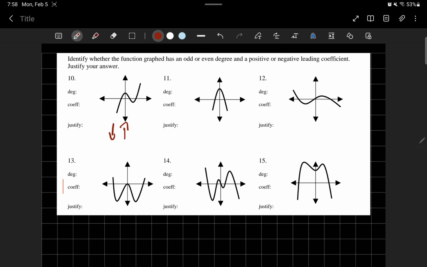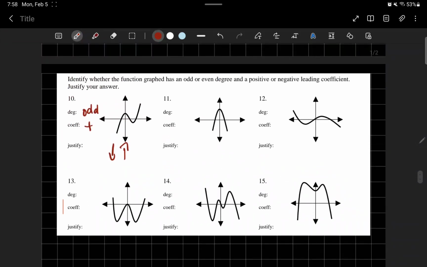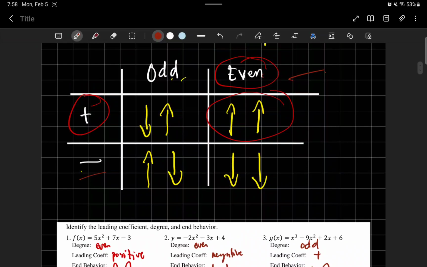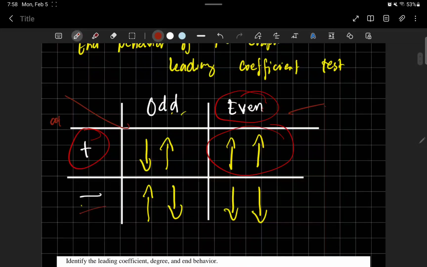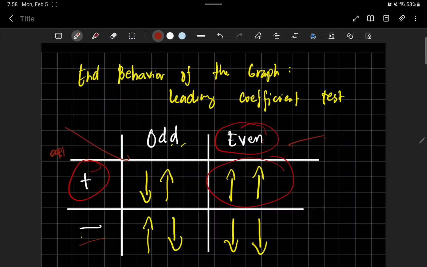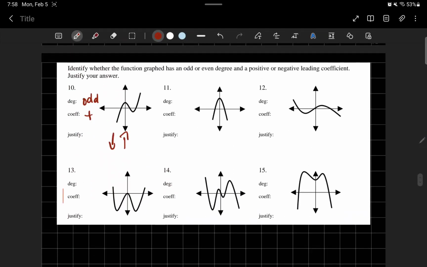Kapag falling, rising, the degree is odd, the coefficient is positive. Di ba? Kung babalikan natin to, falling, rising, the degree is odd. The coefficient is positive. Then the degree is odd.